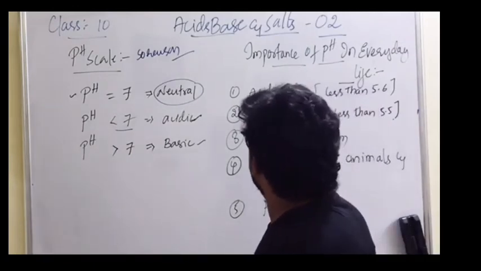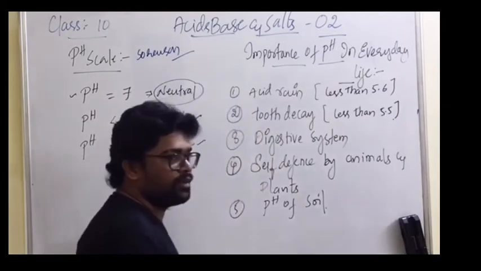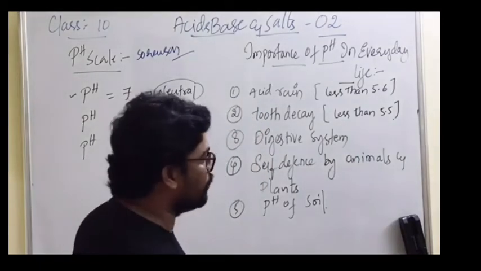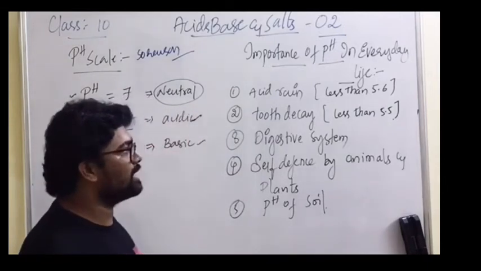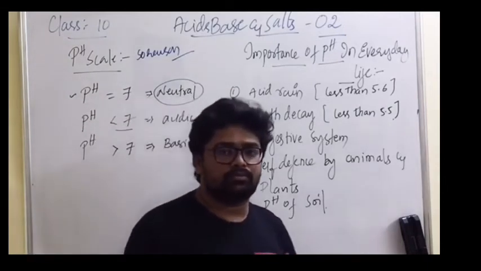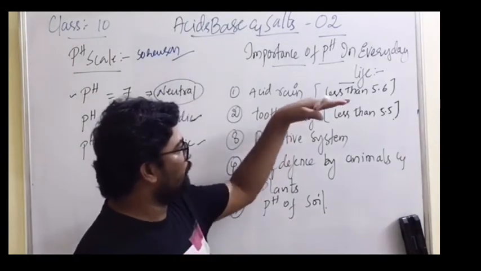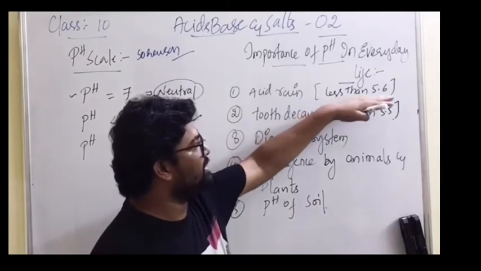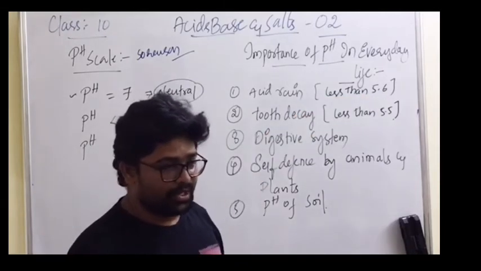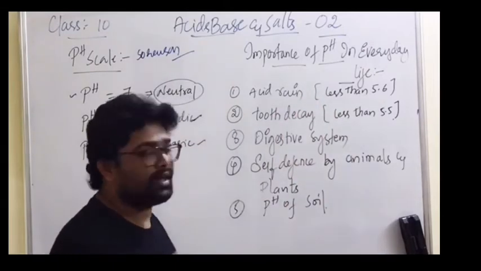Okay, so now the next topic is the importance of pH in our everyday life. So pH का भी अपनी everyday life में बहुत important role है. So the first one is acid rain. You might have heard about acid rain, right? So if the pH value of rain is less than 5.6, we call it acid rain.